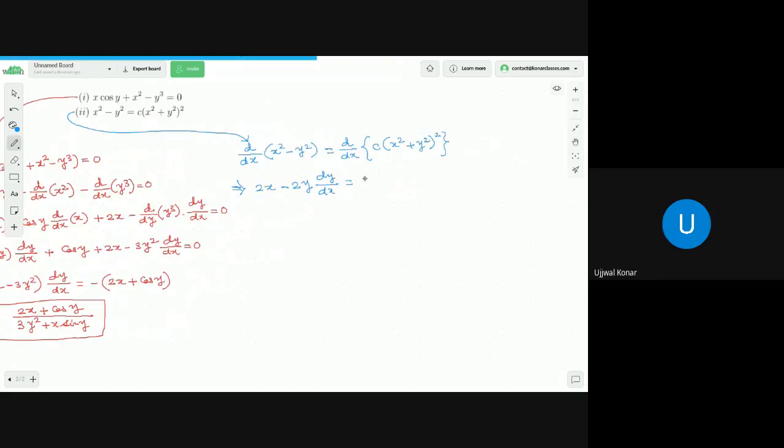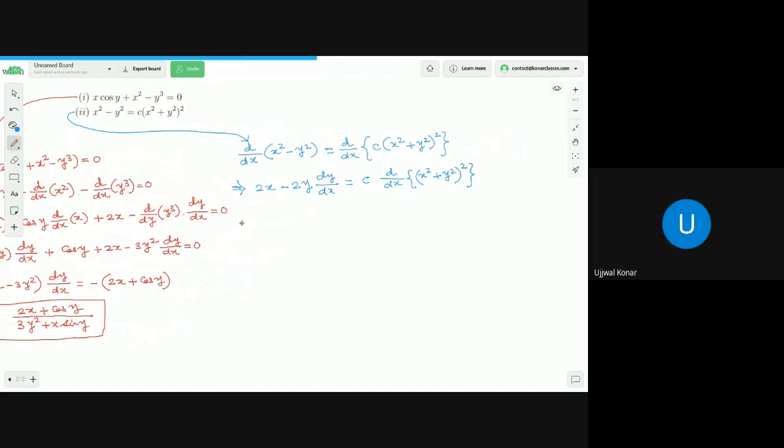Next part is important. c into d/dx of x square plus y square whole square. Correct? Clear or not clear? Okay.